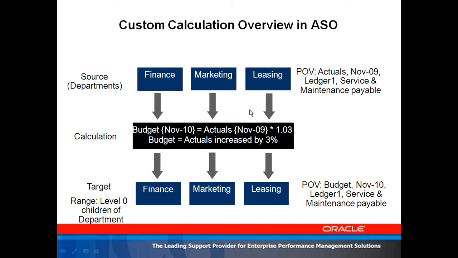So within this calculation, you assign a source region, my point of view, and my finance, marketing, and leasing areas of my database, shown at the top of the slide. And then you need a calculation itself in the middle, where you see that I'm just taking the actuals for November 09 and increasing them by 3% and storing them into the budget November 2010 target area.